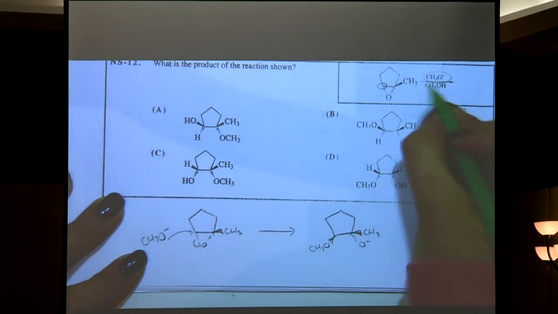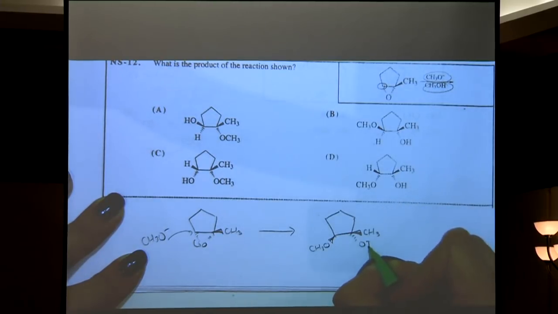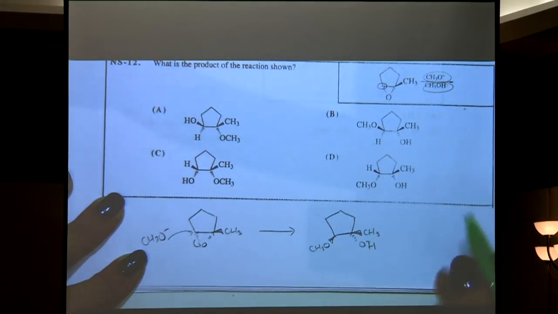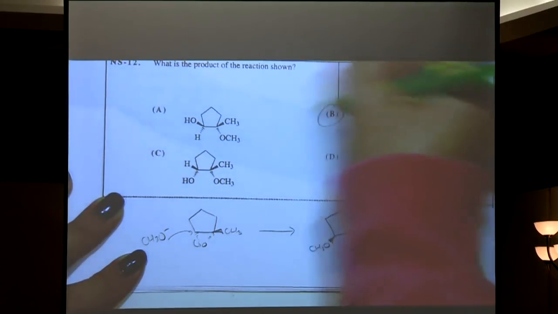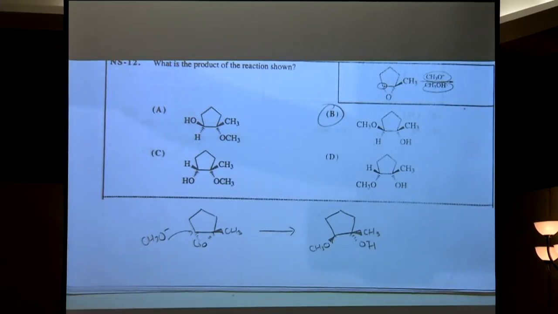Then they're giving us ethanol, which is going to hydrate this. So what would the answer be?